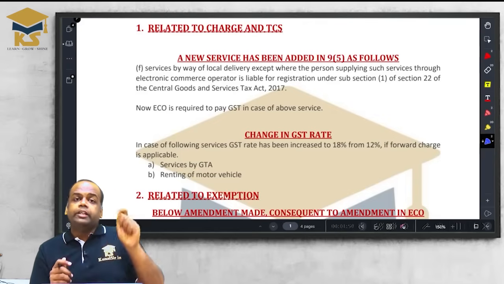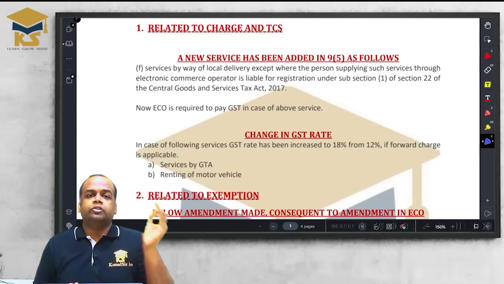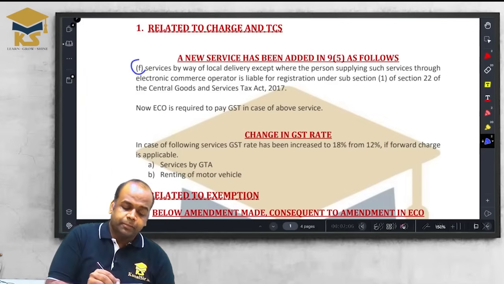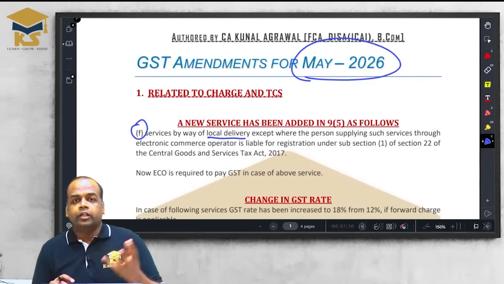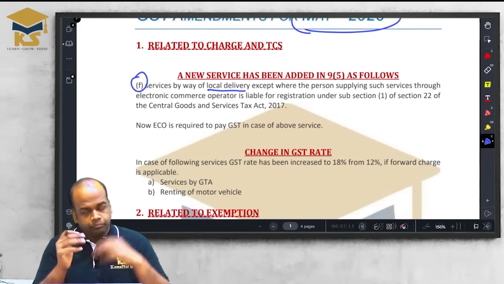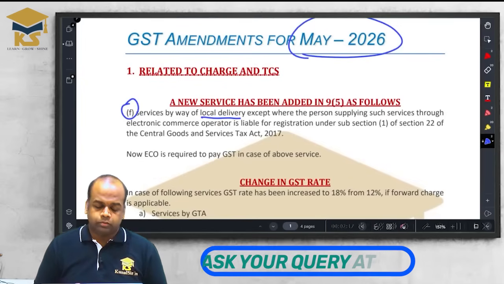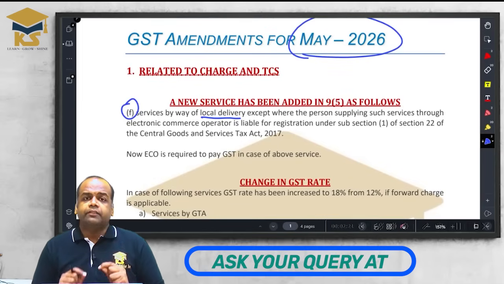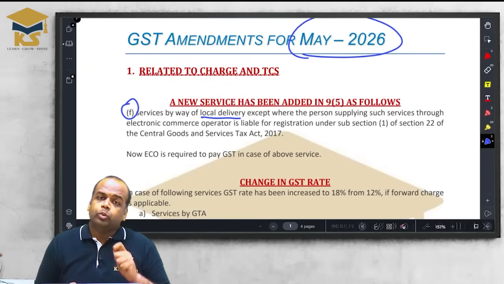Till January 2026, you had 5 services on which the e-commerce operator was required to pay GST. Now a 6th has been added: local delivery, like Porter or local delivery services like Uber Parcel.